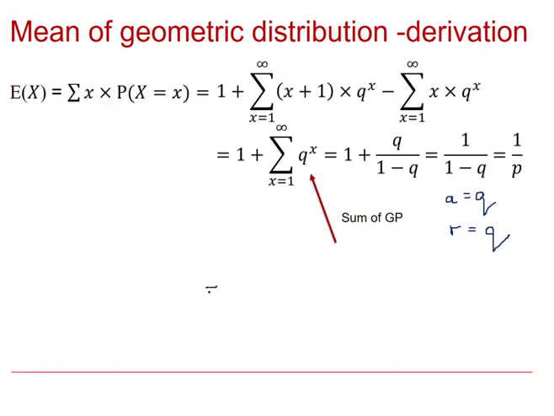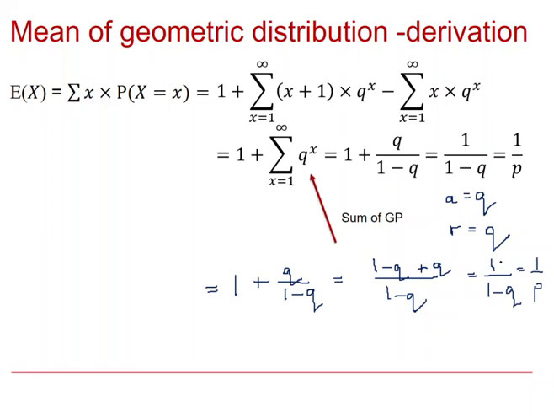And we have then 1 plus q over 1 minus q, and if we put that all over a common denominator, we will have 1 minus q plus q, which gives us 1 over 1 minus q, or 1 over p for the mean or the expected value for the geometric distribution.